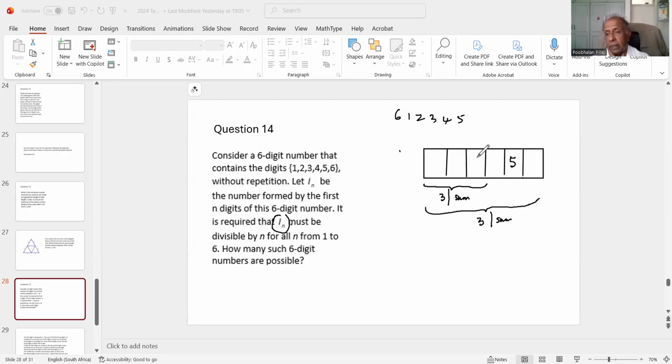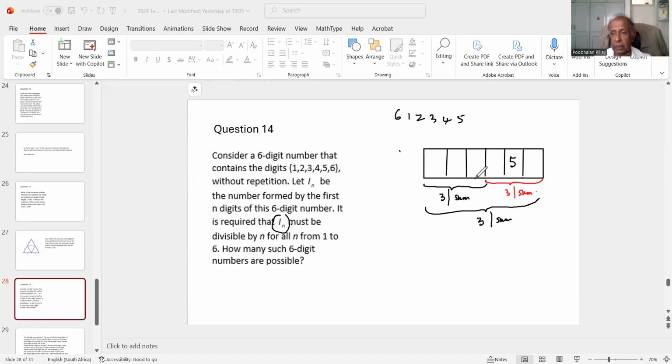So if 3 is a factor of the sum of the digits here, and 3 is a factor of the sum of all the digits, there's a conclusion you can make, is that these 3 divides that sum as well. I'll put that in red because I know that these two are true.